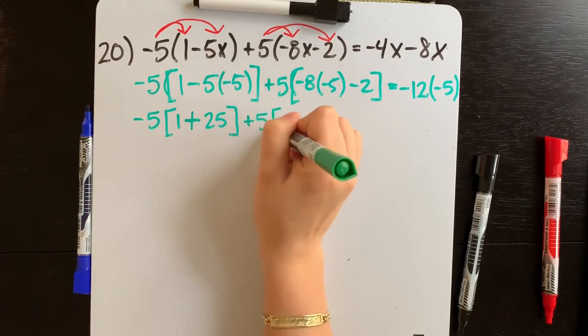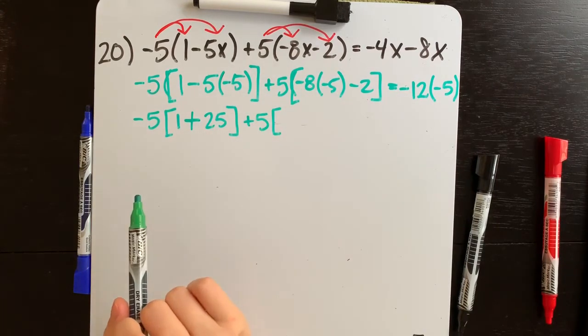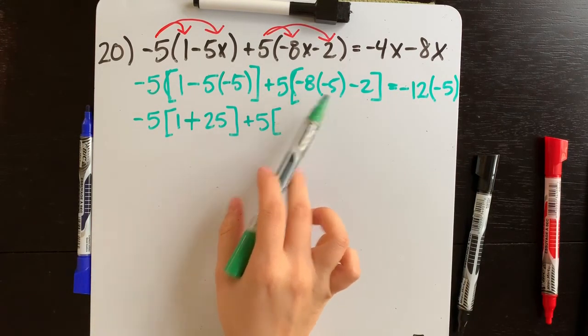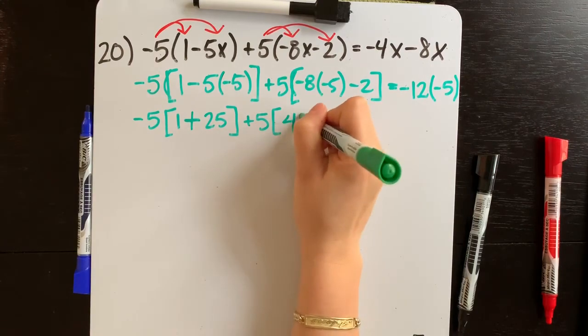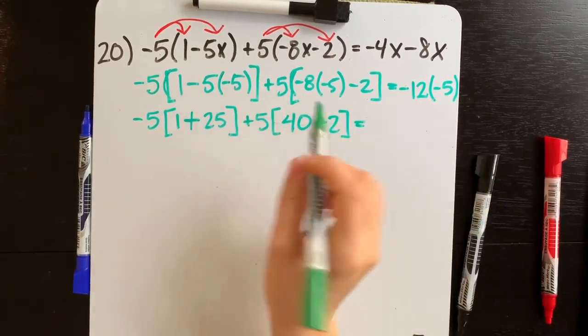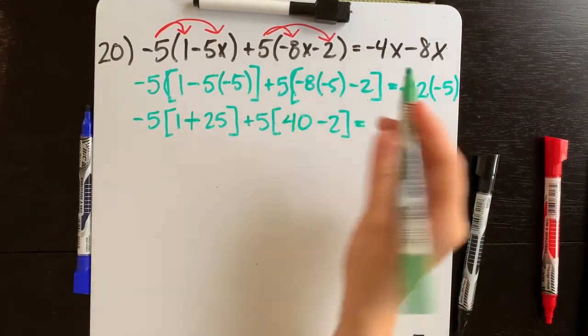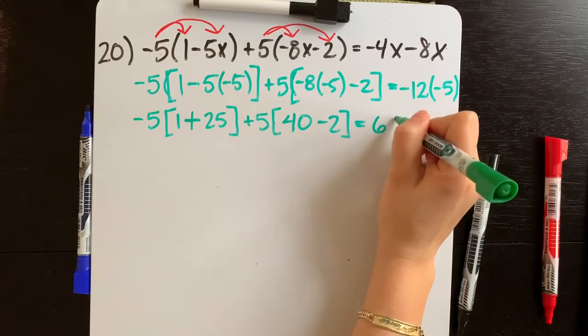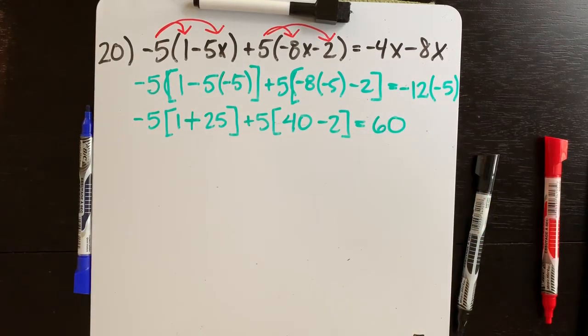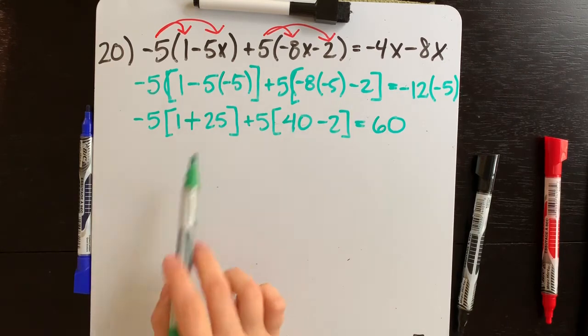Plus 5, and again, we want to work this out. So a negative times a negative is a positive. 8 times 5 is 40. That's positive 40 minus 2. Okay, so over here, negative times a negative makes a positive, and 12 times 5 is 60. Okay, so let's keep working inside the parentheses or the square brackets now.